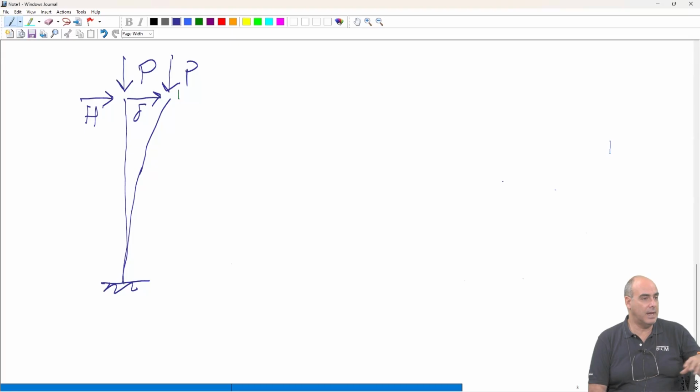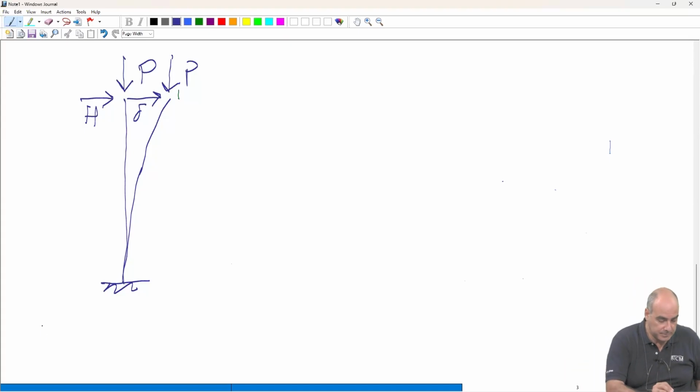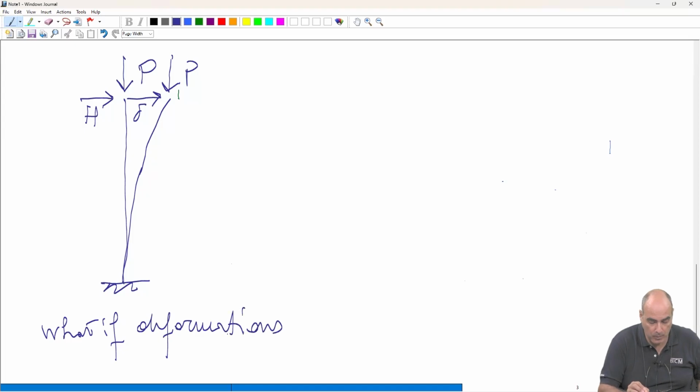Small means that, okay, they are small compared to the size of the beam. We have said this morning, 1/1000th of 8 is very small, but even 1/100 is very small. But negligible means that you do not need to consider that the column or the beam are deformed. You can consider them straight and go ahead with your equilibrium equation. But what if deformations are no longer negligible?